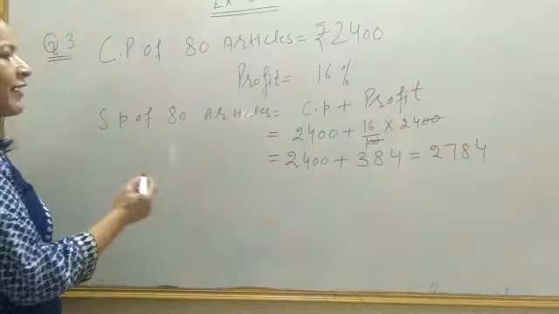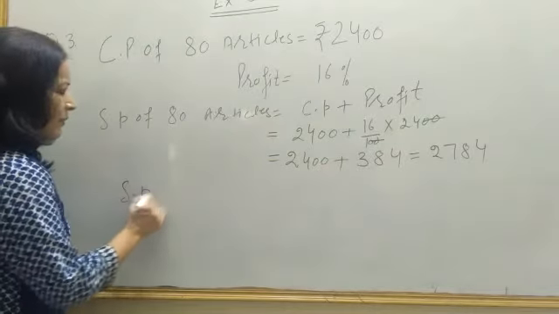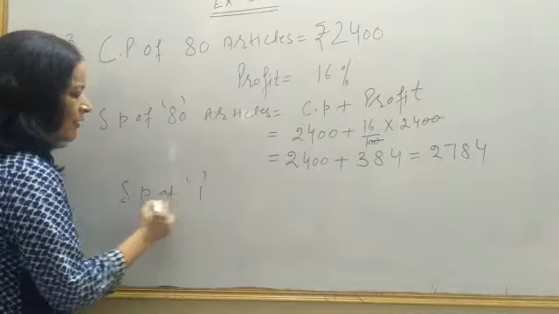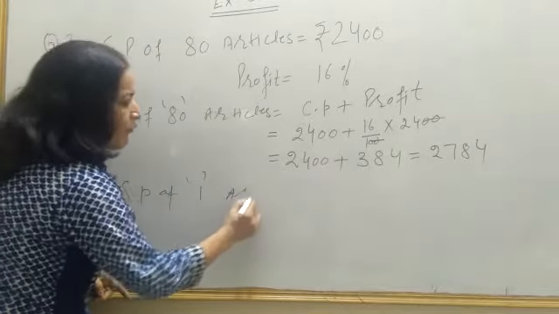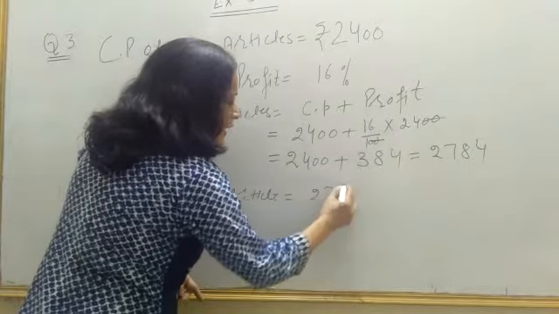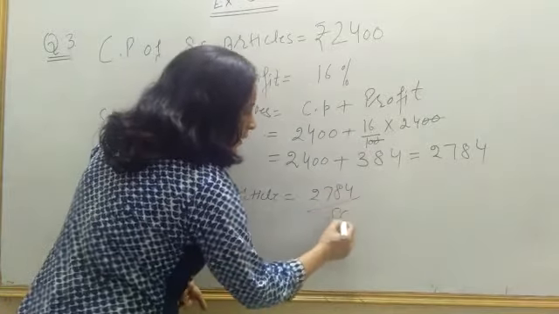So how can you find the selling price of one article? By the unitary method. It was 80 articles, now one article. Selling price of one article will be 2784 upon 80.